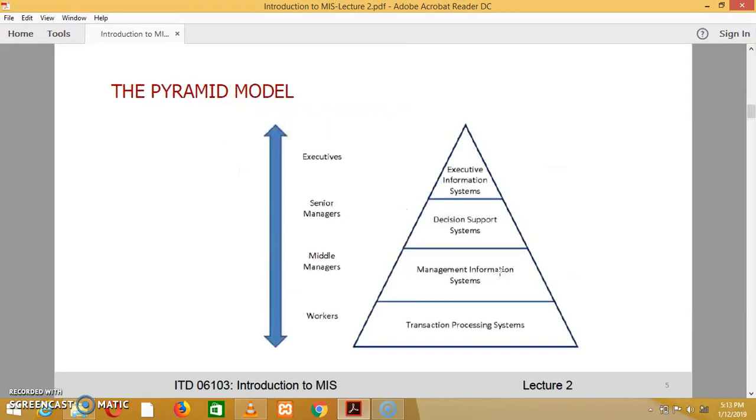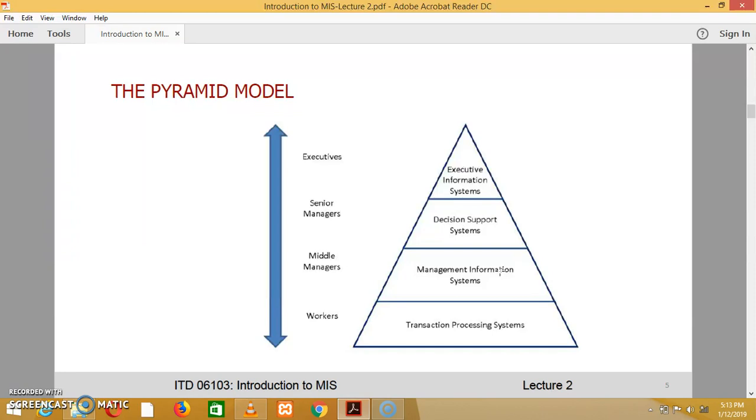The first is transaction processing system, the second is management information system, the third one is decision support systems, and the fourth one is executive information system. As I said, we basically categorize these systems by considering the responsibilities and the duties in the organization of any company or of any organization, right?